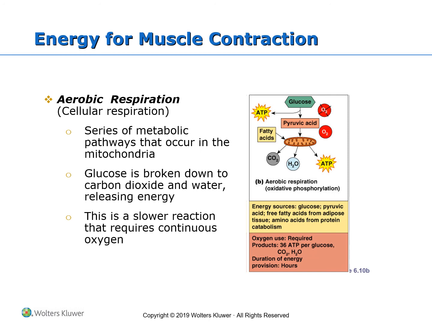Pyruvic acid, once entering the mitochondria in the presence of oxygen, or fatty acids in the presence of oxygen, will be burned inside the mitochondria, and as a result will have ATP. See this ATP as your stored energy, like the batteries, and as an end result or waste product of metabolism, will always have in our body CO2 and water.